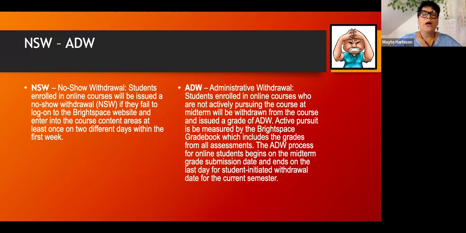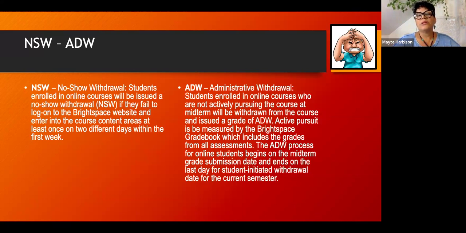The other time that this will happen is during or after midterm. So after, I will say, the first 3 weeks of the semester, or 4 maybe, we will check if the student is again not accessing Brightspace, or completing the assignments.